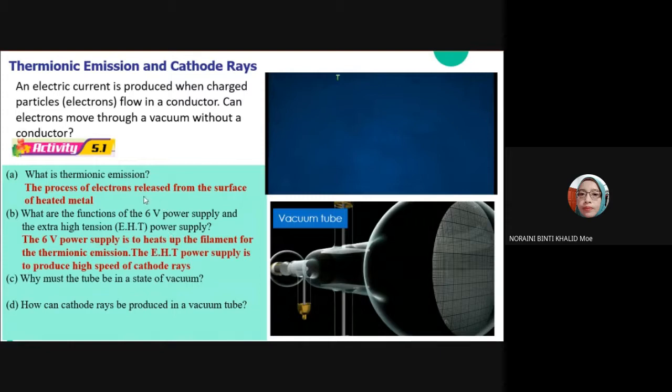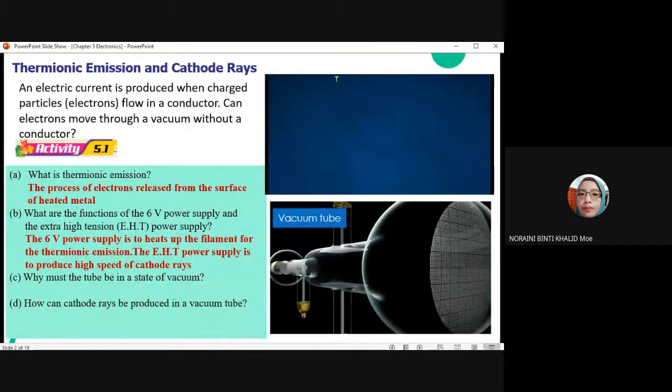What is the function of the 6 volt power supply, which is connected to filament, and an EHT power supply? As you can see before, the 6-volt power supply heats up the filament for thermionic emission. The EHT power supply is to produce high speed of cathode rays. It means it supplies high voltage across anode and cathode, which is able to accelerate the cathode rays.